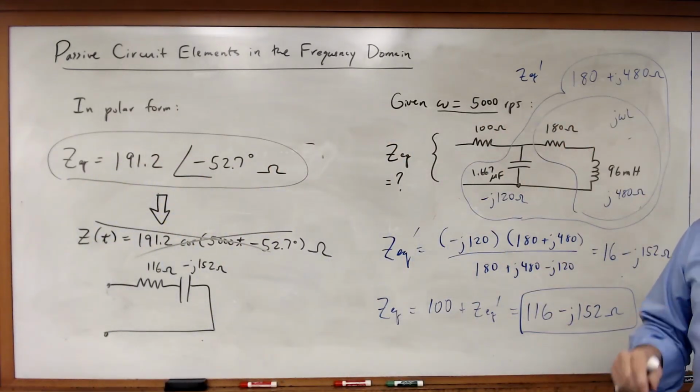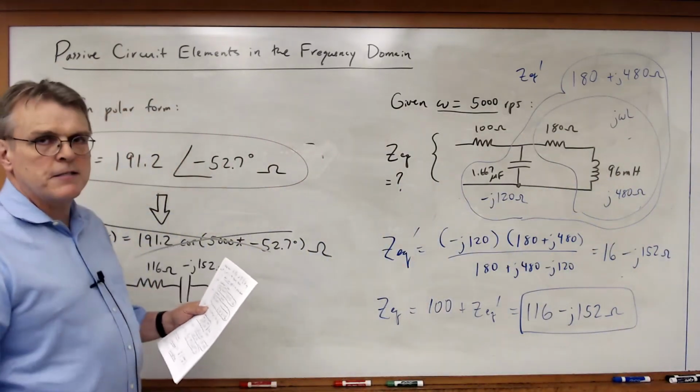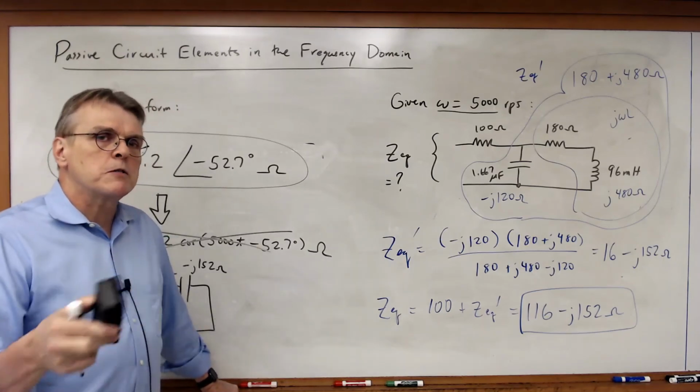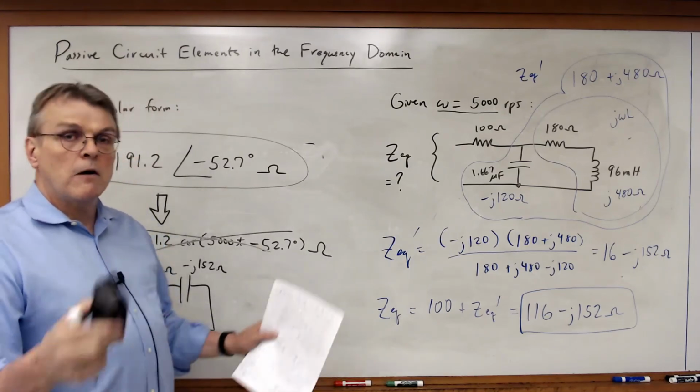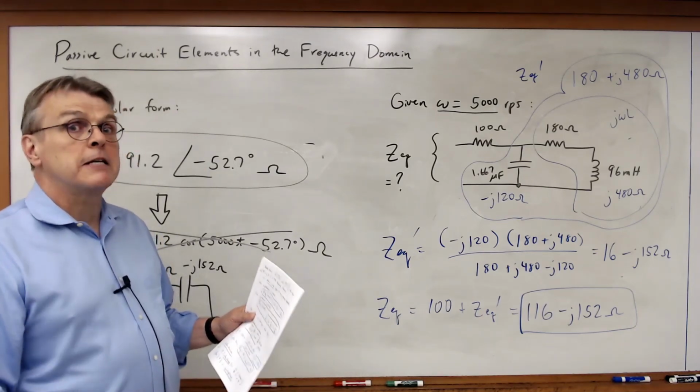Now, a few more definitions. Along with impedance, you remember before we had resistance, we had conductance, which was the inverse of resistance. Along that same idea, we can also define what we call admittance, which is the inverse of impedance.